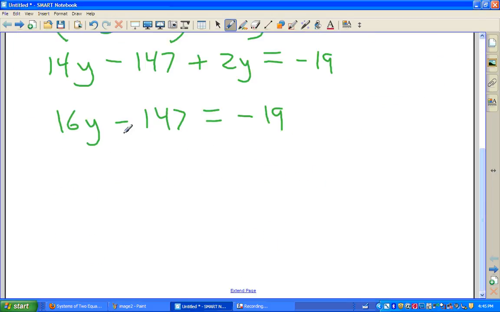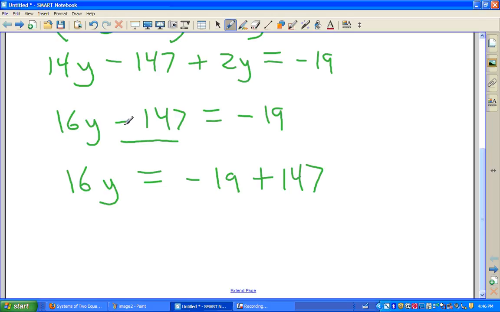Okay, move this over to the other side. I'm going to get 16y equals minus 19 plus 147, right? I undo the subtraction by adding 147 to each side. So 147 minus 19, I can't do the math in my head, so as you listen, I'm getting my calculator out.